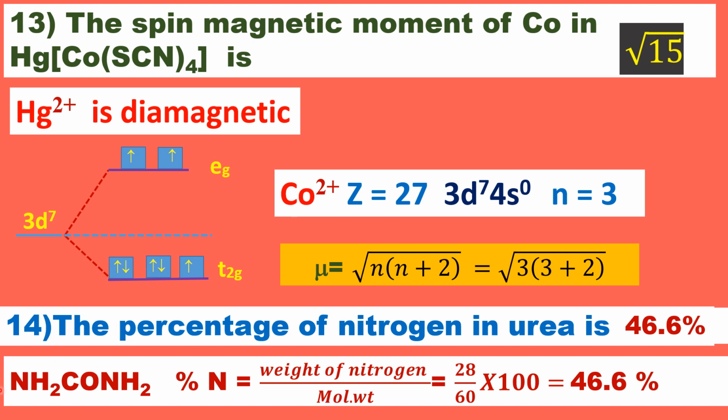Molecular weight of urea is equal to the sum of the atomic masses of the various elements present in the urea, so it is equal to 60. Into 100, why do you multiply by 100? Because in the question they have asked to calculate the percentage of nitrogen. So that is equal to 46.6%.